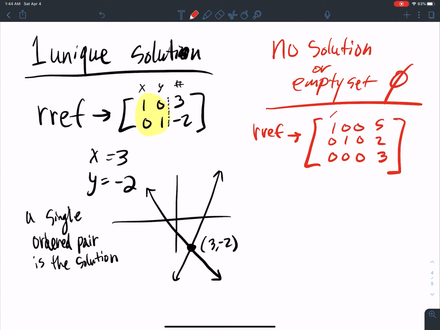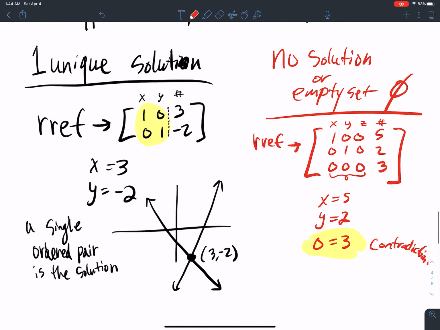This says I got an X, Y, Z and my number, right? This says X equals 5, Y equals 2, and then this last row here, this is all zeros. So that says 0 is equal to 3. Now, in what universe is 0 equal to 3? That's a contradiction. Okay, you can't have 0 equal to 3 here.